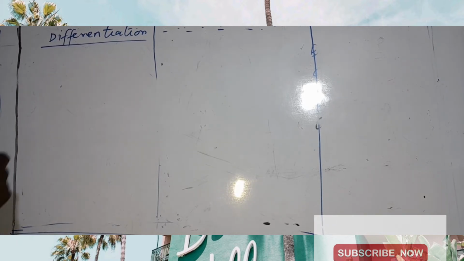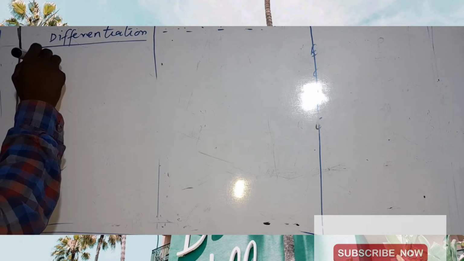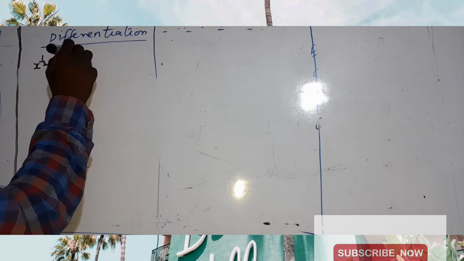Okay, so let me teach you this before we move on. If I have x raised to the power 1 over 2, we know it's the same as square root of x, right?